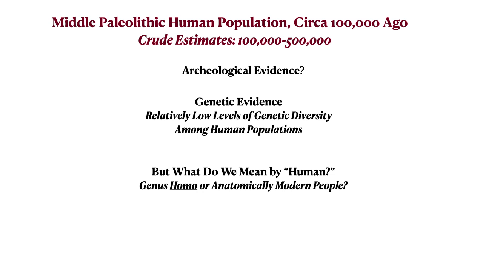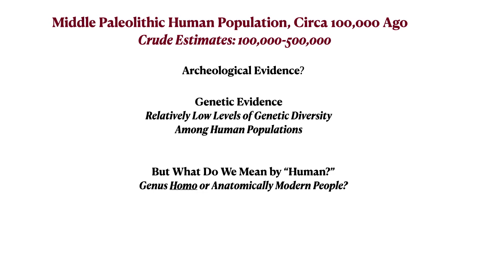But anyway, crude estimates are of modern humans at this time 100,000 years ago, maybe 100,000 to 500,000. Some of that might come from archaeological evidence, but that's really questionable because of what gets preserved and what doesn't.